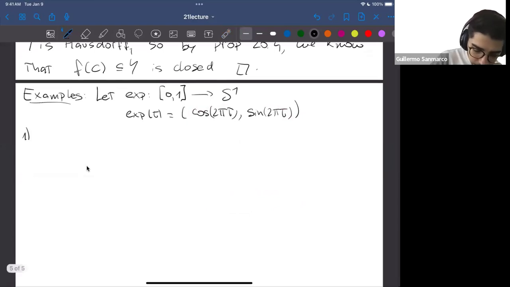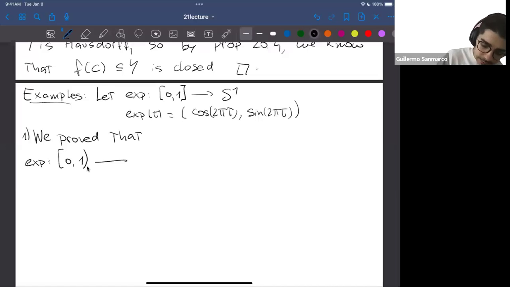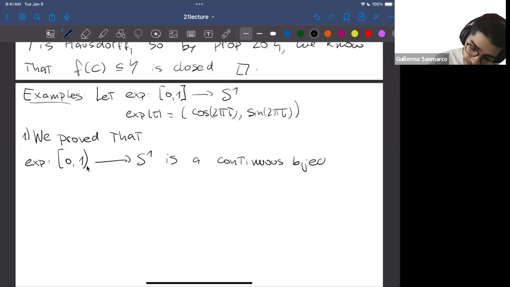we proved kind of carefully that when you restrict x to closed at 0, open at 1, to S1, it is a continuous bijection which is not open. We proved it's not open.